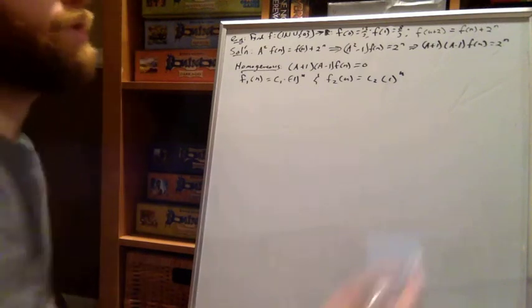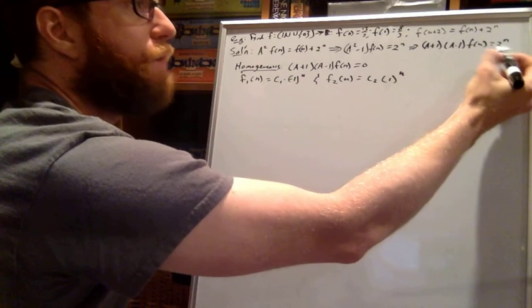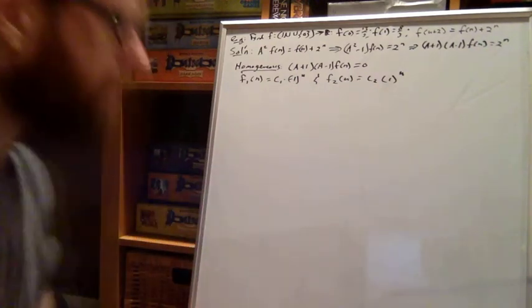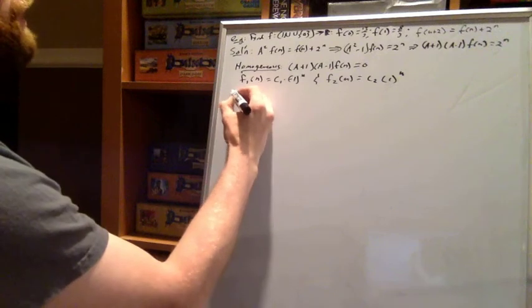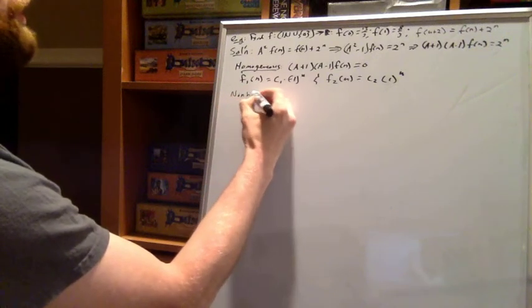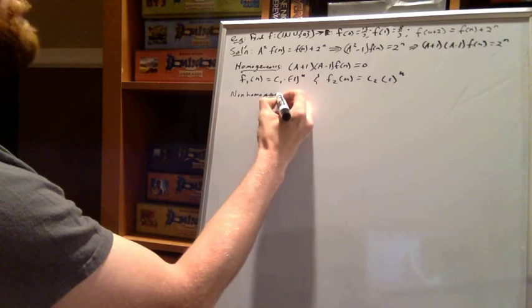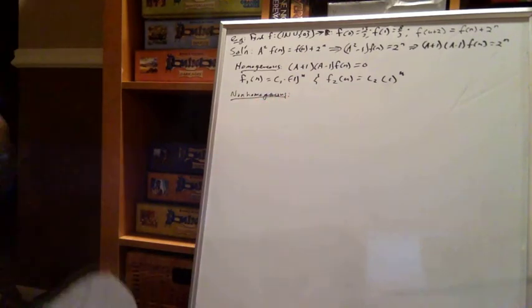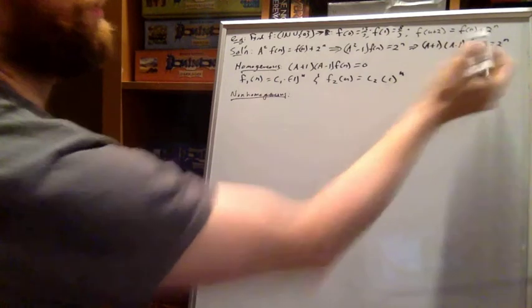We're going to pick another part of our solution to look something like the inhomogeneous part, so I'm looking for a solution that takes that into account.